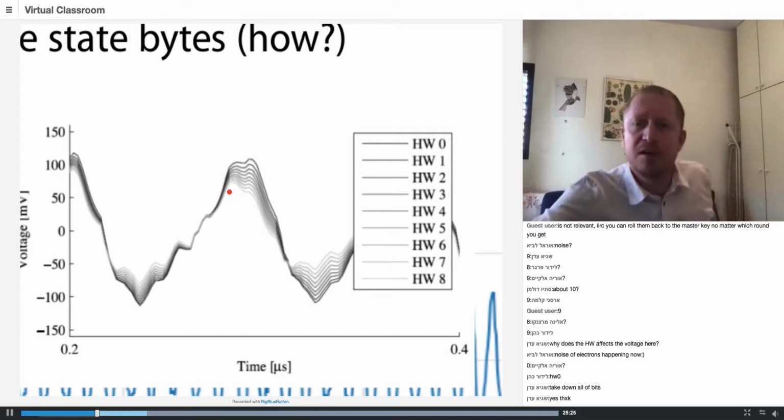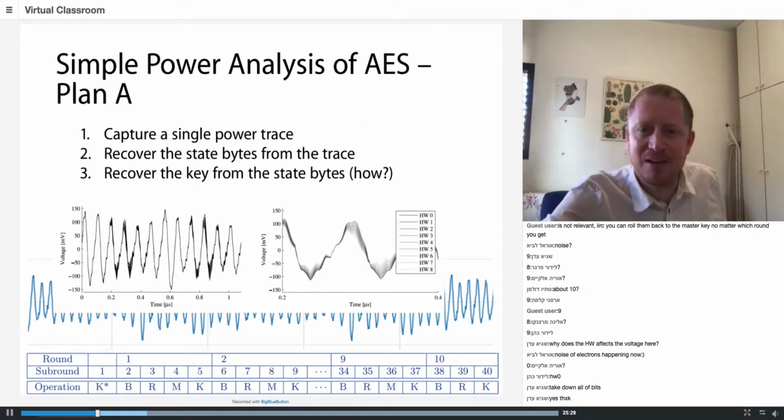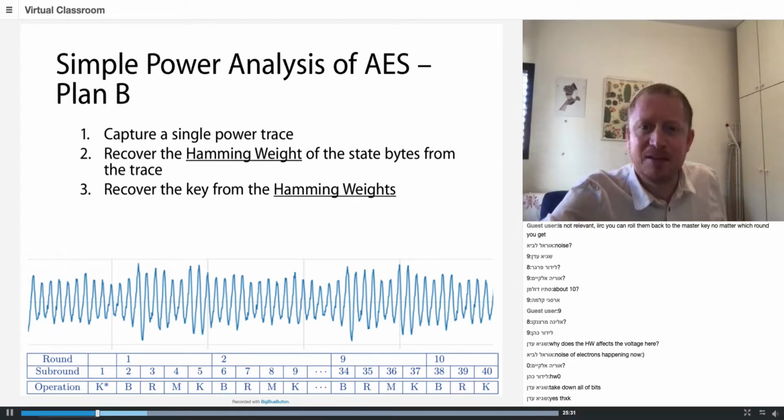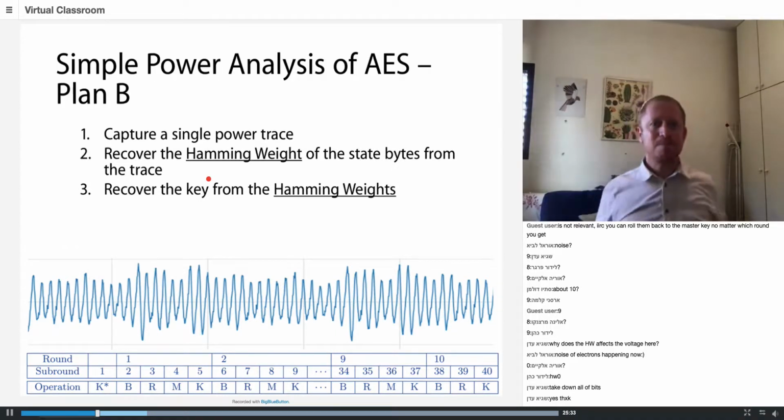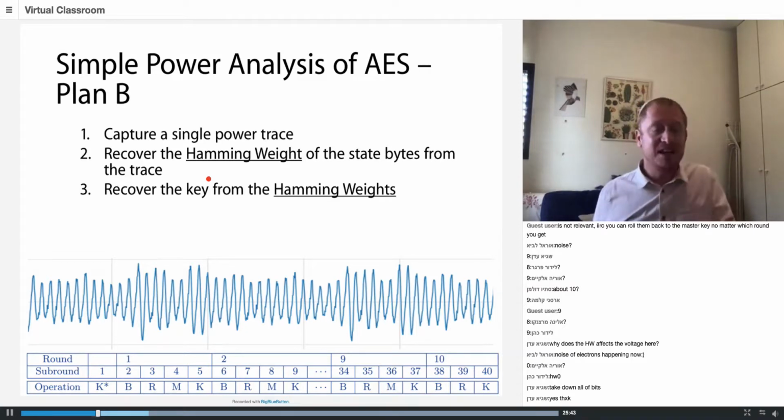Okay. So I have to redefine my plan here, and my updated plan, this is plan B, is to capture a single power trace, awesome, and then to recover the Hamming weight of each one of the state bytes, because I can't expect to do anything else using my simplistic power model.